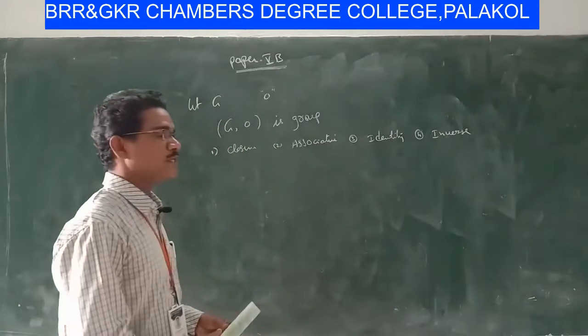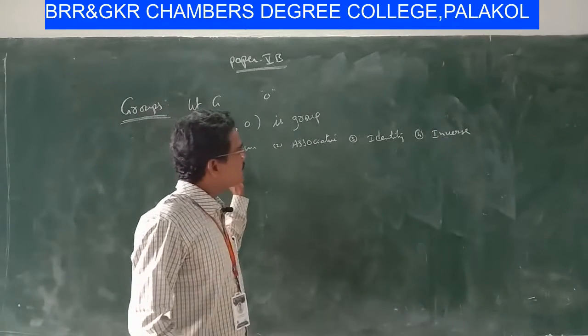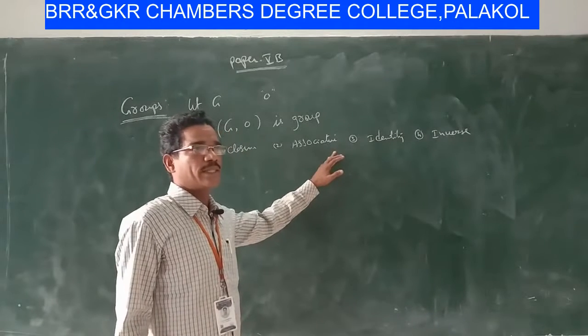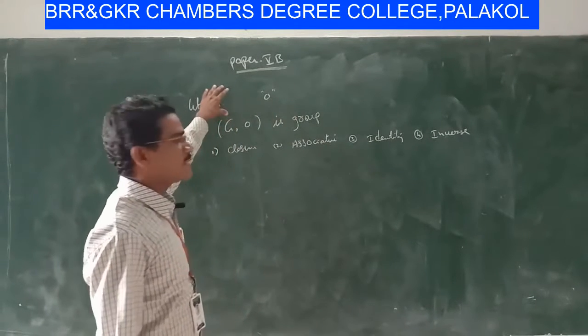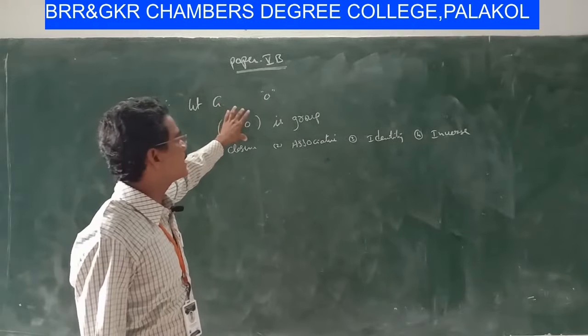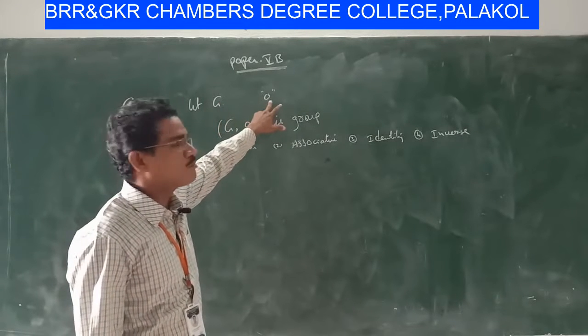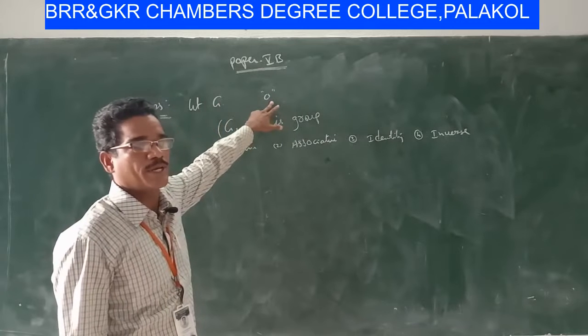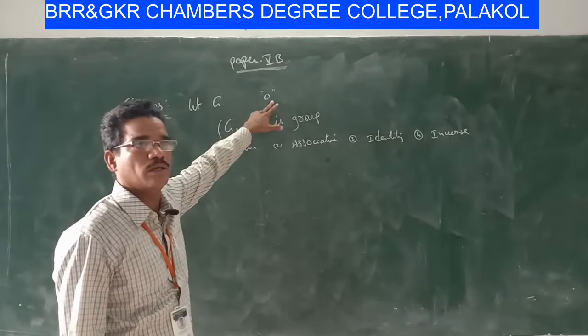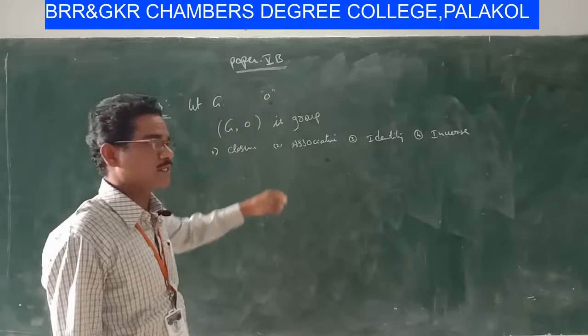So if these four conditions are satisfied, then the non-empty set (G, circle) is a group. Here circle is a binary operation. Binary operation means plus, or dot.